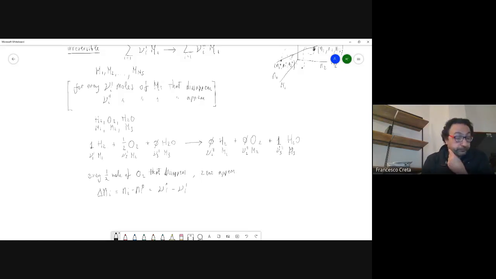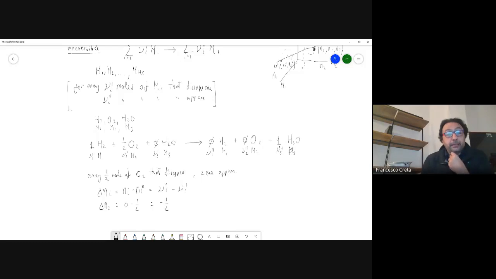So obviously, for example, in this case, if I choose species number 2, which is oxygen, the change in the moles of oxygen, well, I end up with 0 moles, and I started with half a mole, so the change in moles is always minus a half.